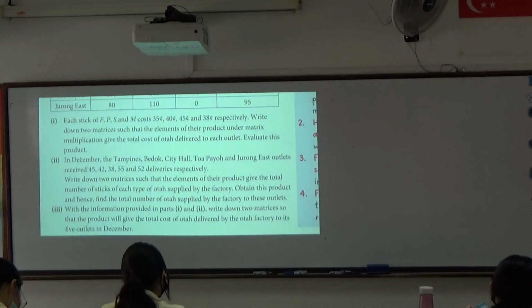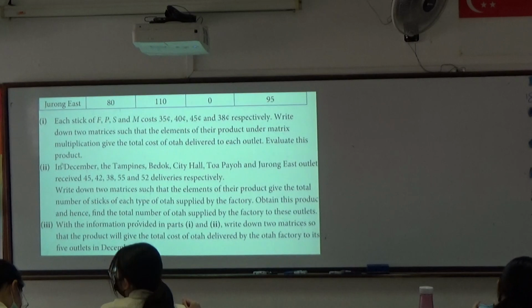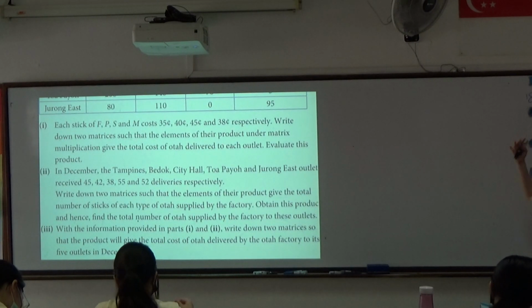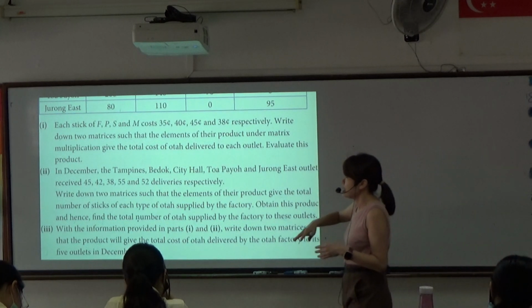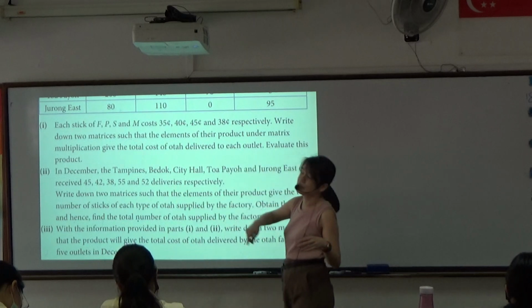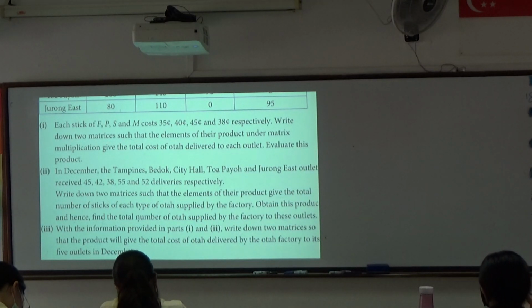Whereby it says that in December, the Tampines, Bedok, City Hall, Toa Payoh, and Jurong East outlets, that means all the 5 outlets that we have, receive 45, 42, 38, 55, and 52 deliveries respectively in December.